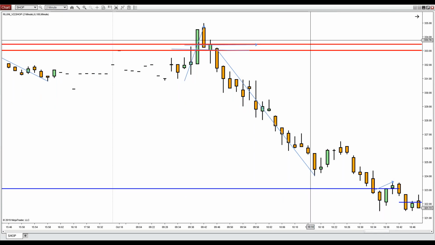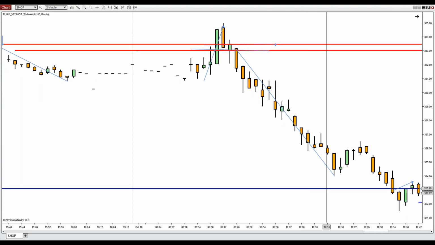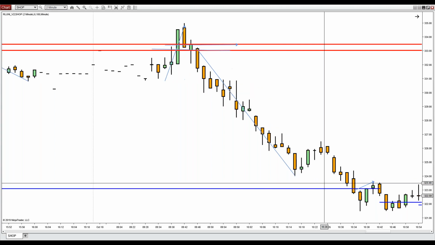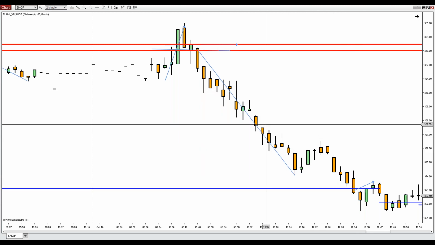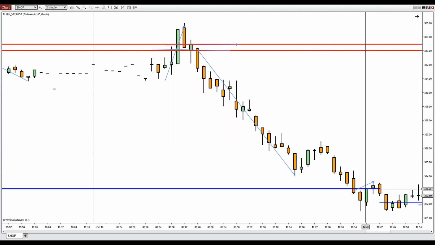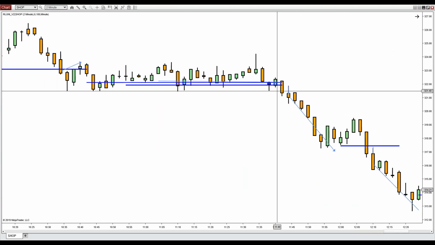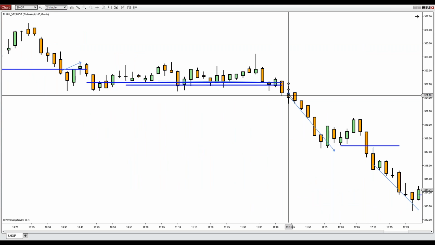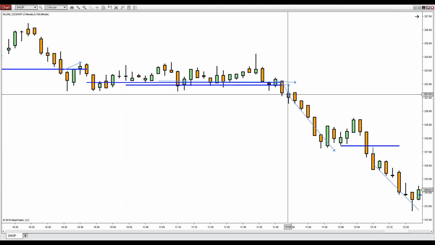I mean, these are really relevant areas where there's an overabundance of sellers. These are really relevant areas where there's an overabundance of buyers. Is price always going to respect it 100% of the time? No, because sometimes there's going to be a huge institutional move that's going to push right through these buyers and stop them all out. And that's the reason why, when this stops, you take the trade, because it means all these buyers are being stopped out.